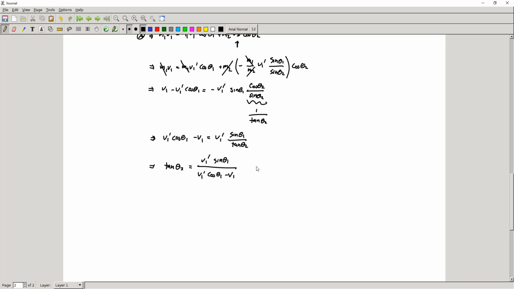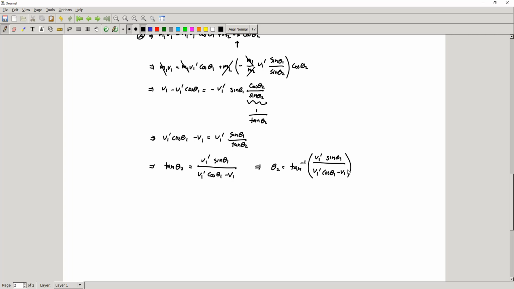And now simply isolating the theta 2, we can write it like this. So it'll be inverse tan of v1 prime sine theta 1 over v1 prime cos theta 1 minus v1. And at this point, we're ready to substitute in numbers.